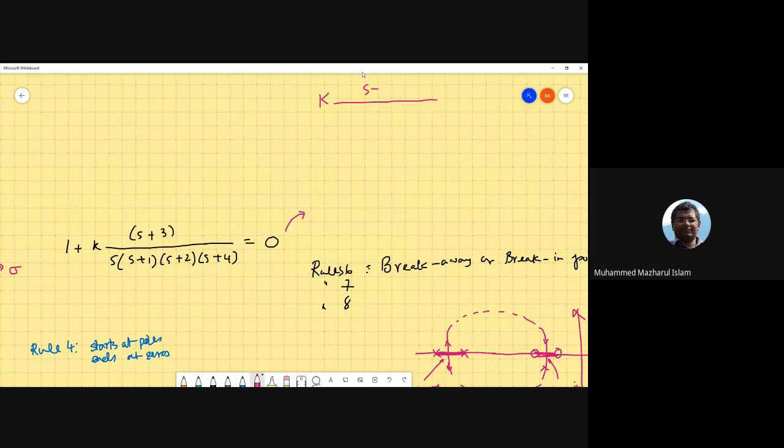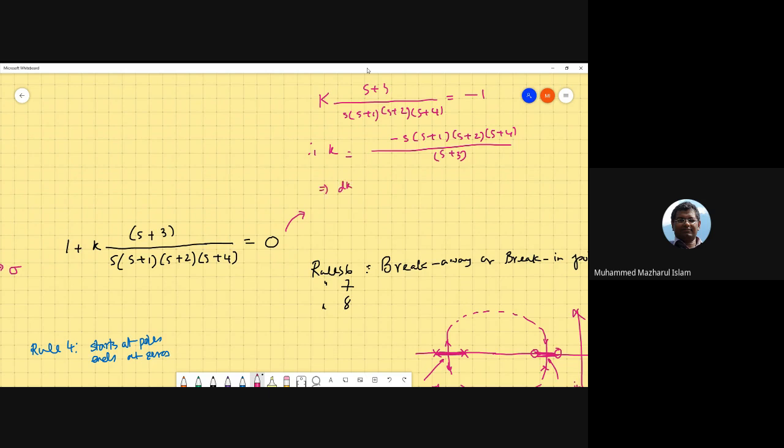So k into (s plus 3) into (s plus 1)(s plus 2)(s plus 4) is equal to minus 1, subtracting minus 1 from both the sides. Therefore, k is equal to minus s(s plus 1)(s plus 2)(s plus 4), divided by (s plus 3). This is our k.